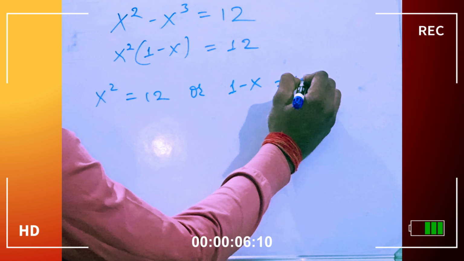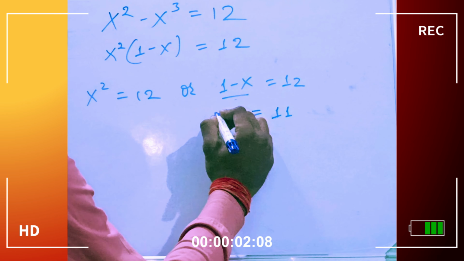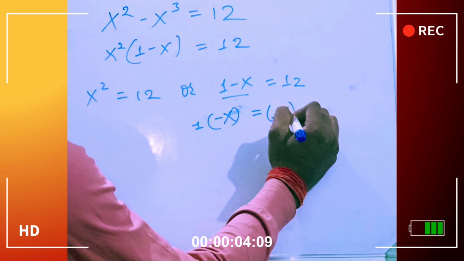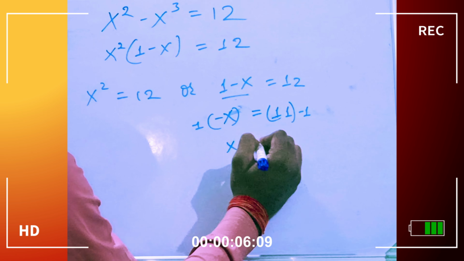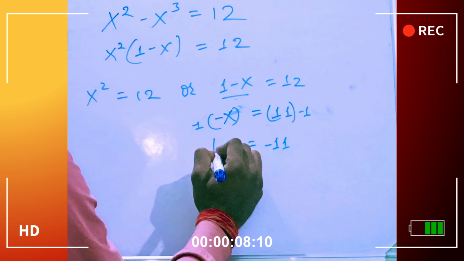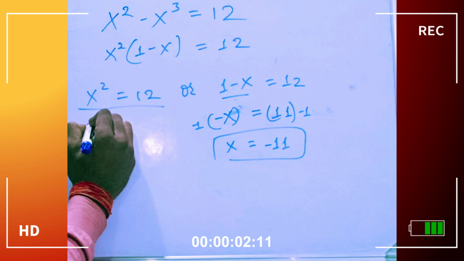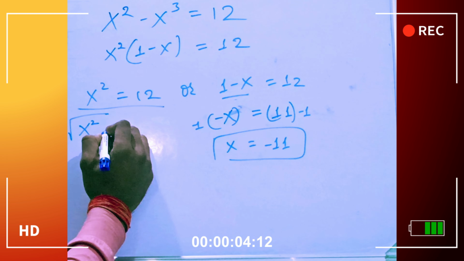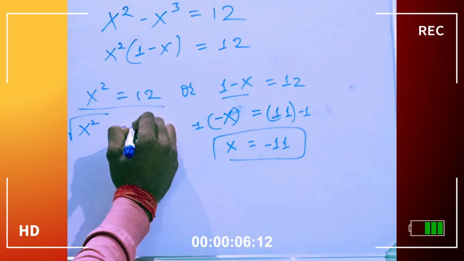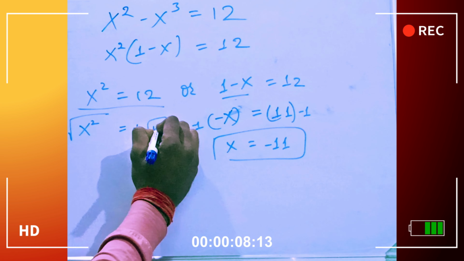Solving this, we get minus x is equal to 11, and multiplying both sides by minus 1, we get x is equal to minus 11. And solving the other, we can take a square root of both sides. So square root of x square equals plus minus root of 12.